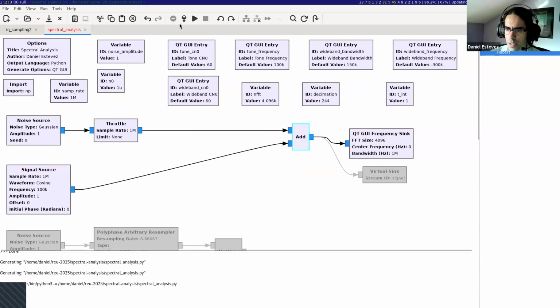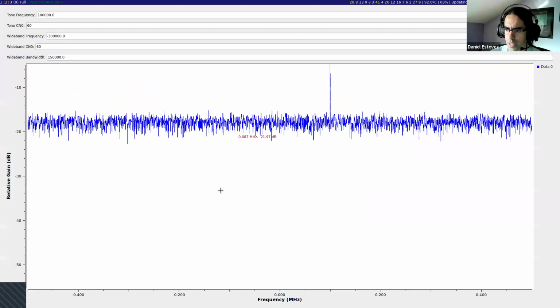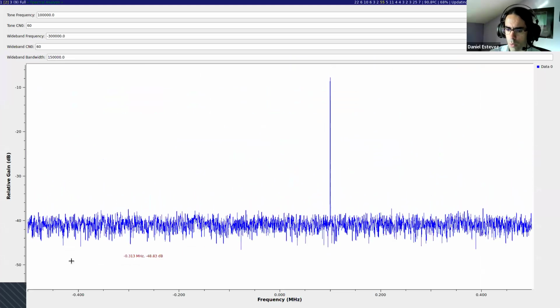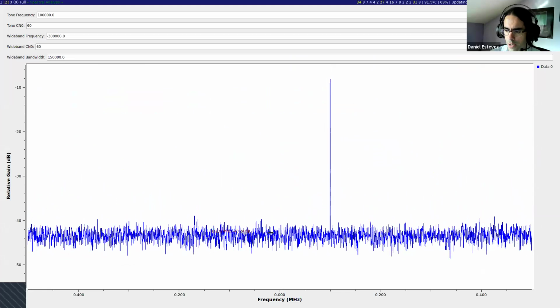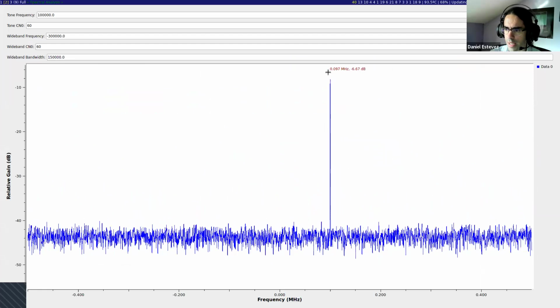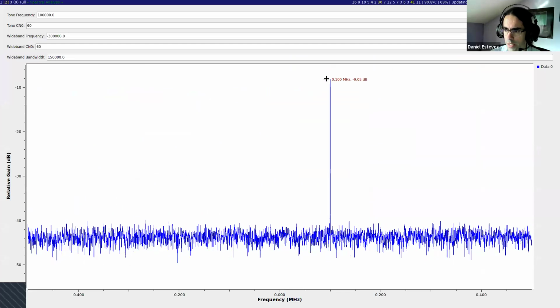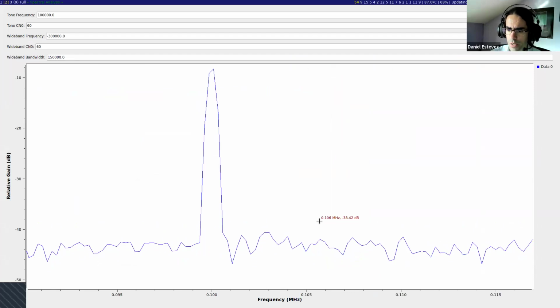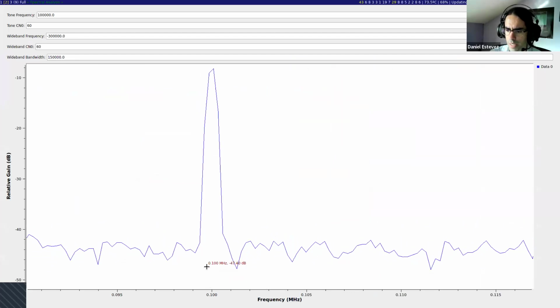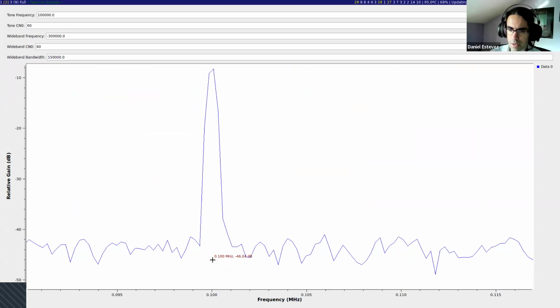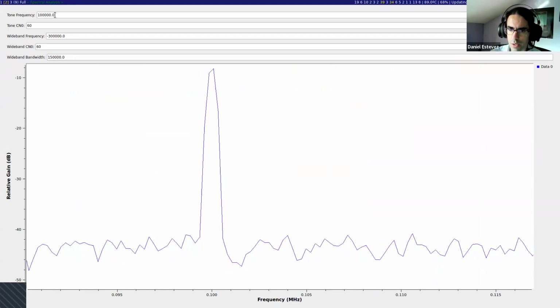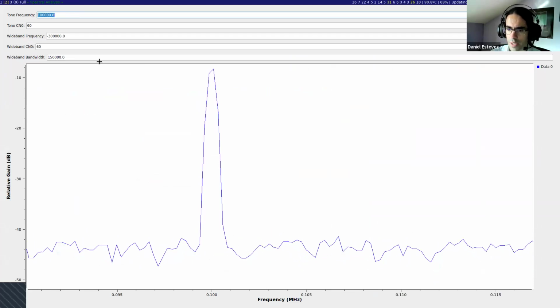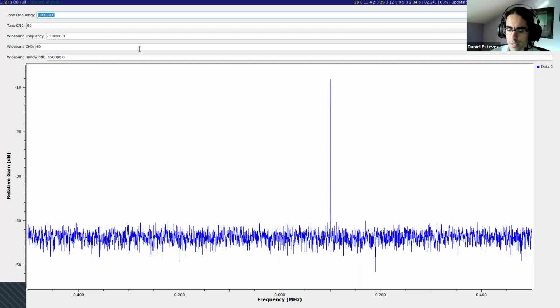So the results of this should be not very surprising. We have the noise floor here, and there is a signal in here. It is a narrowband signal. It is a single tone. This is usually called a CW carrier at a frequency of 0.1 megahertz, which is 100 kilohertz, which is what I have here, and I can change that.